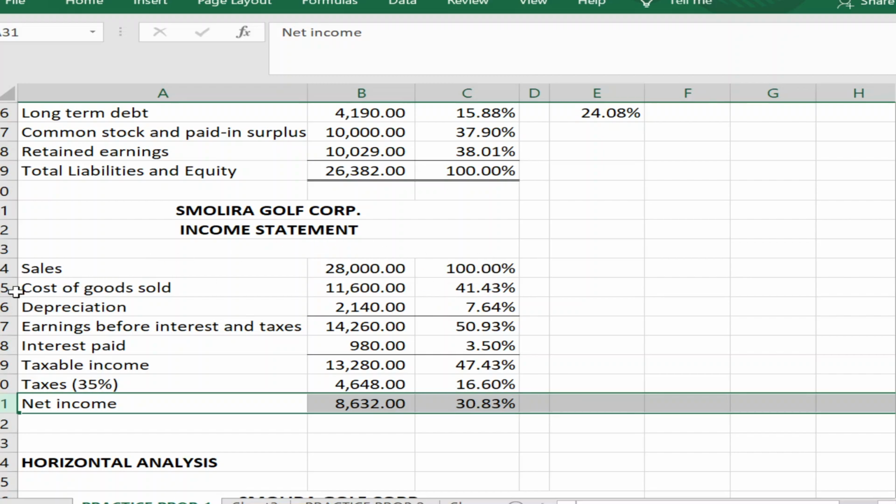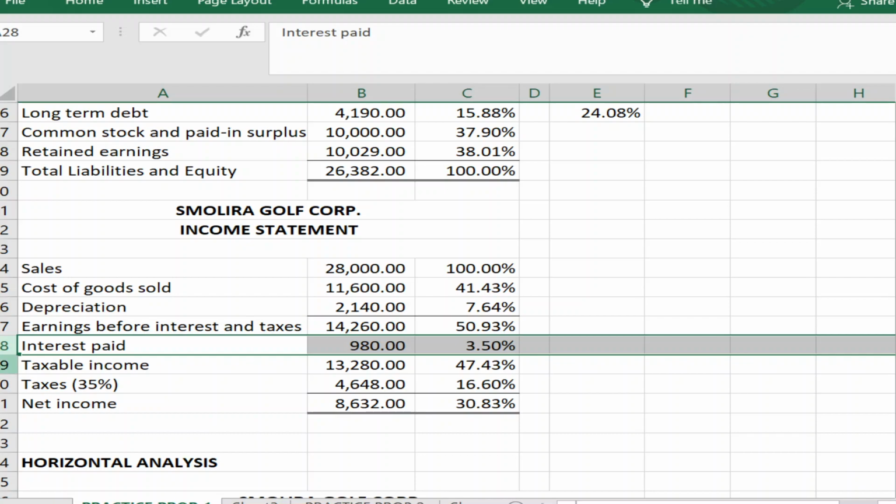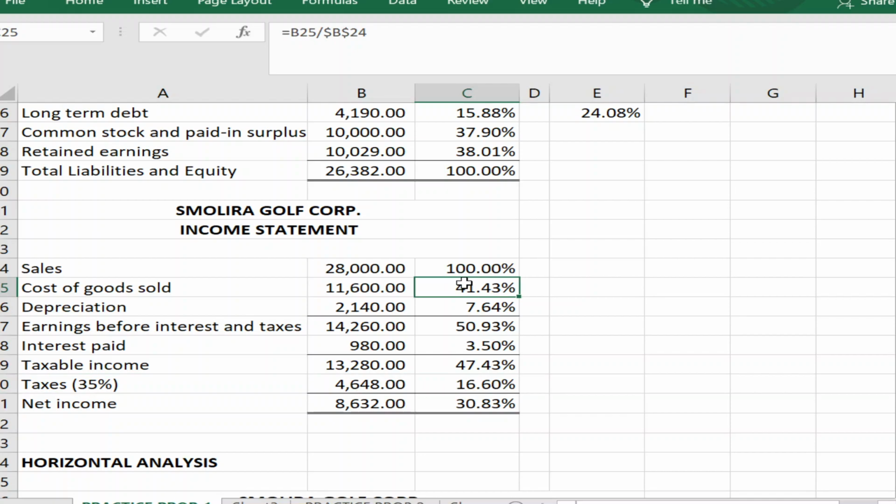So if you observe this, a large portion of our costs and expenses is attributed to our cost of goods sold. Remember that this would be the first deduction made against our sales.